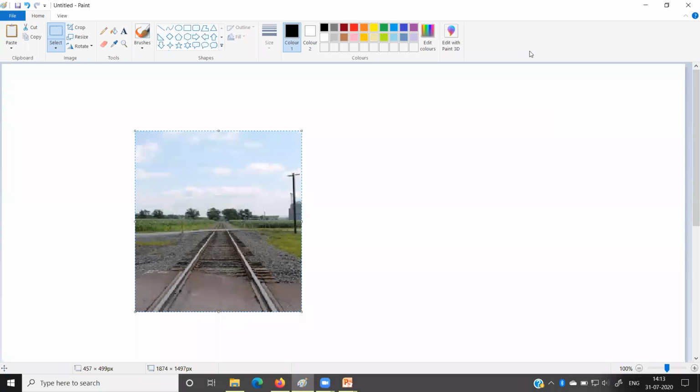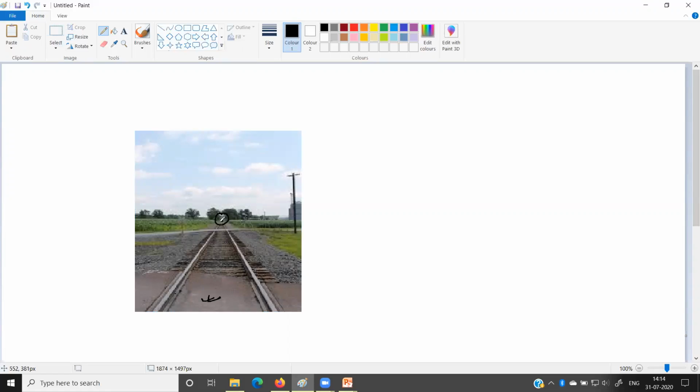Now we will discuss another important topic, which is called the vanishing point. As you can see from this image, there are two lines, and as we know the lines are parallel to each other, but if we observe from this particular point, it seems to us that the lines are meeting somewhere over here.